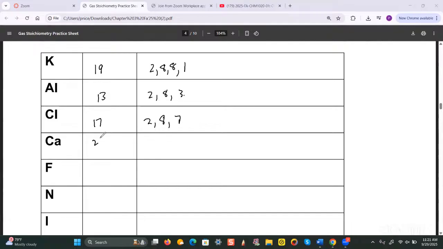20. All right, so first shell would have 2. Next shell would have 8. The maximum number in the third shell would be 8. It cannot have more than 8 electrons in the third shell, just like the second shell. So this would have to be 8, right?